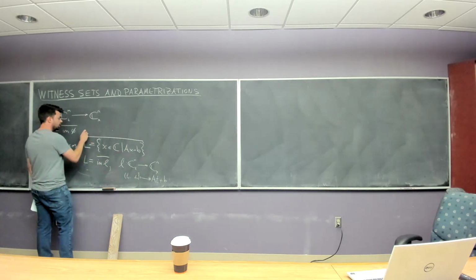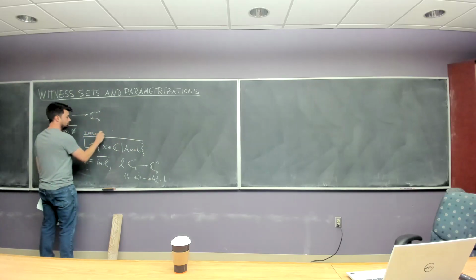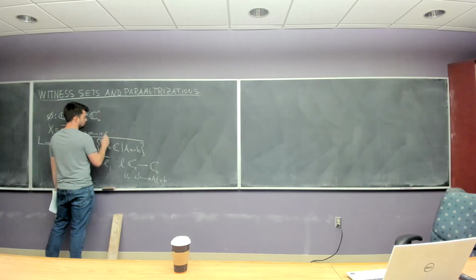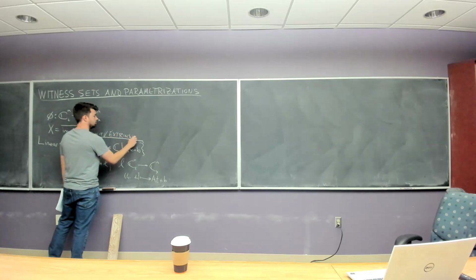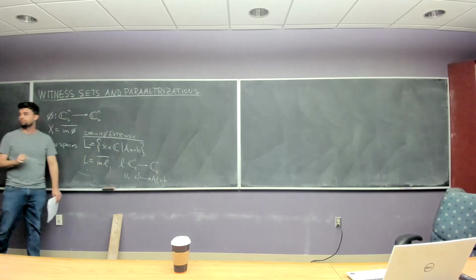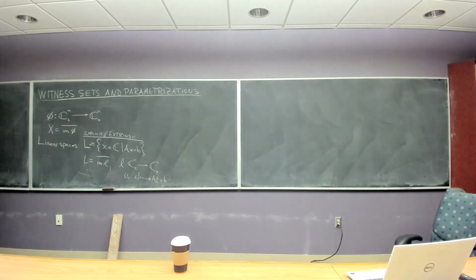This form you might think of as the implicit form. Sometimes it's called the extrinsic form. It's external because your coordinates x live in the ambient space of the linear space.